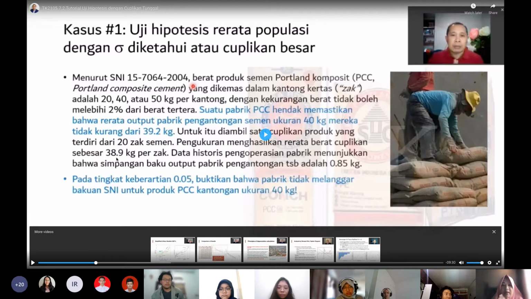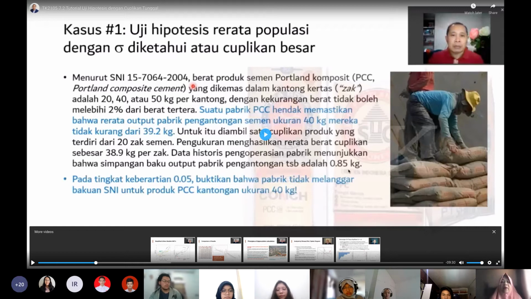And then with the historical data, because like Pak Walmiki said, they have a lot of data after a while, the standard deviation of the plant is 0.85.